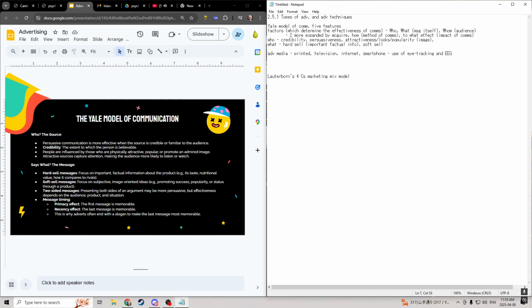Soft sell, which is subjective and image-based, image oriented. I'm not going to add hyphens because I'm lazy.